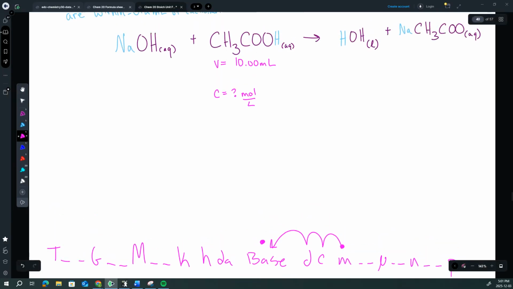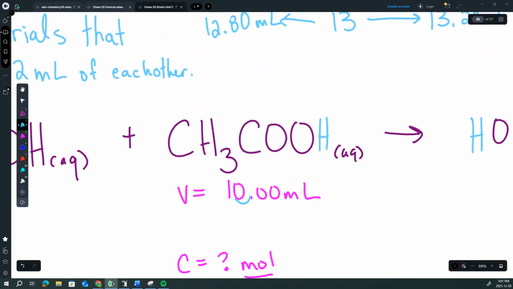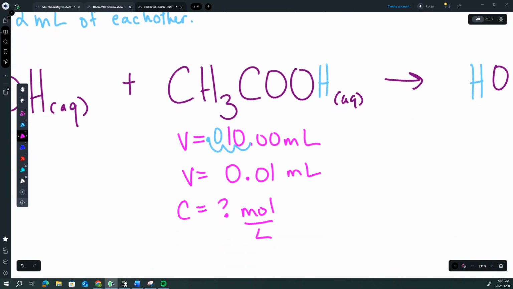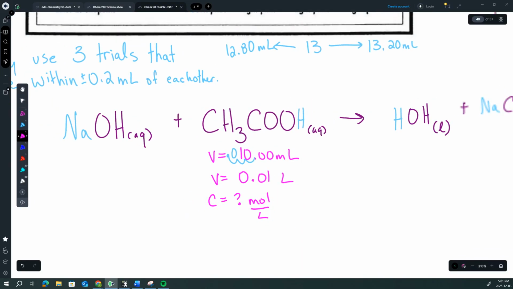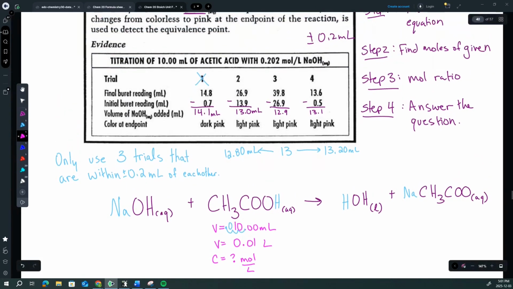So to convert from milliliters to liters, I need to move the decimal 3 to the left. So 1, 2, 3. So it's going to be there, and I'm going to have to put in a 0. So cleaning that up, it's going to be 0.01 liters. All right, so that's taken care of.